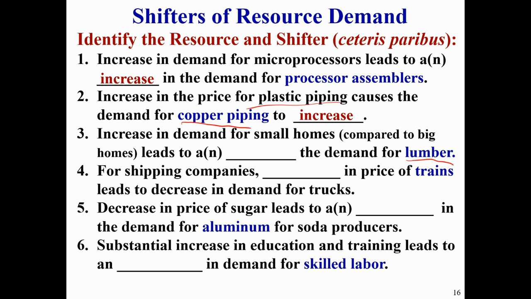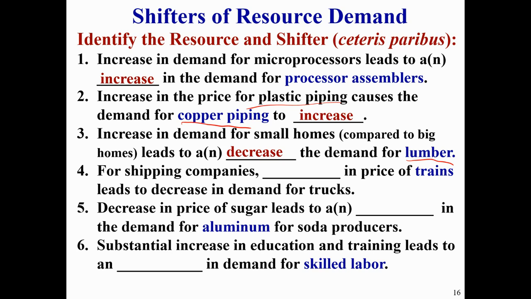Remember, AP Micro and AP Macro is a test based on the US. We have to think as an American, as a North American. So an increase in demand for small homes would lead to a decrease in the demand for lumber, because small homes of course need less lumber to produce.